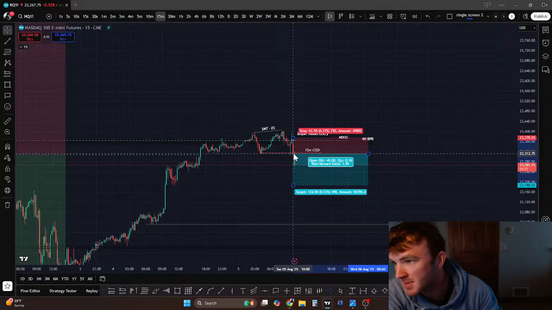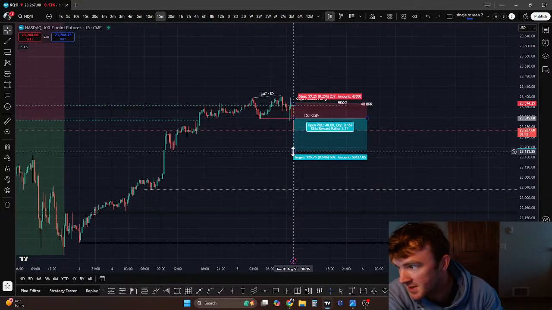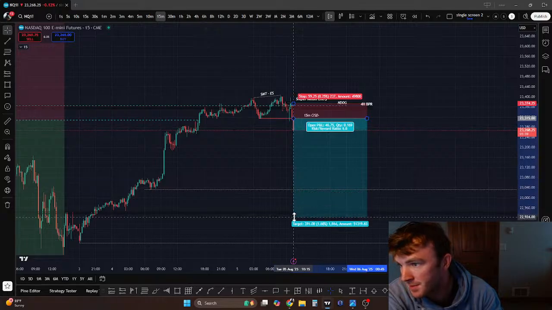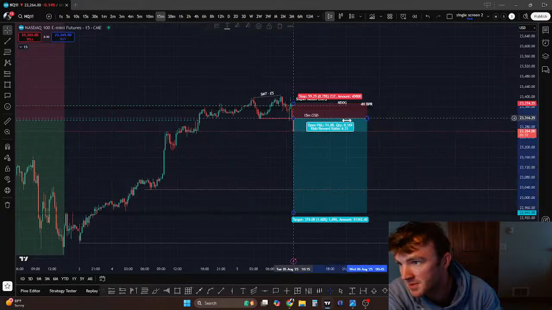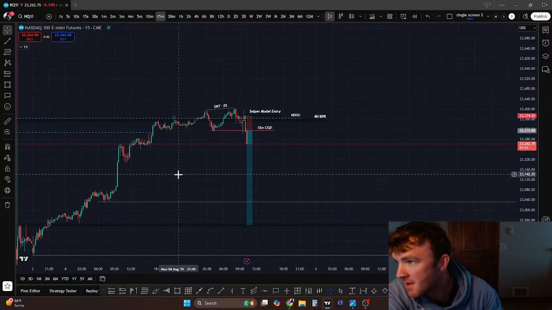Because with this much displacement, with this much confluence, on the close you don't even need to have the stop loss all the way at the high. And you can just target this low here. This would probably be a 6-1. That's crazy. This is probably going to end up working out.